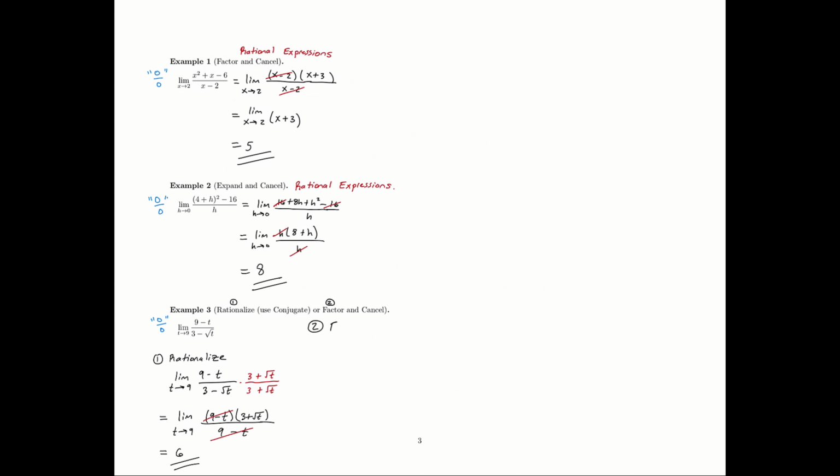Method 2 here, we're going to factor and cancel, which oftentimes I think is faster than the rationalization method. But not everyone sees that this thing can factor. To no fault of your own, it was sort of beaten into you in algebra that you factor something until you, right?